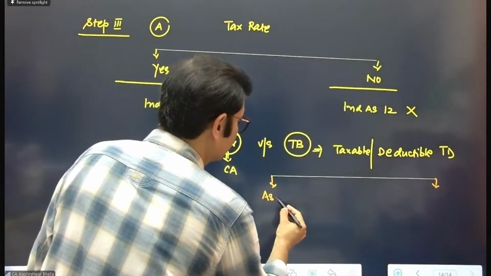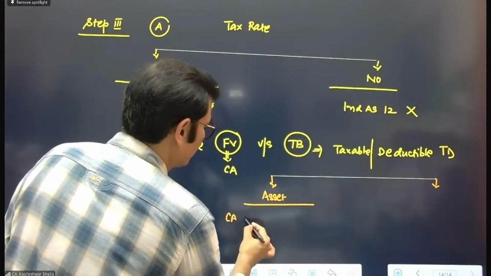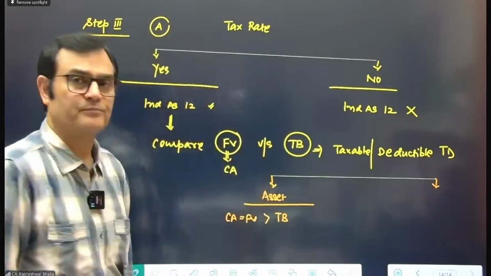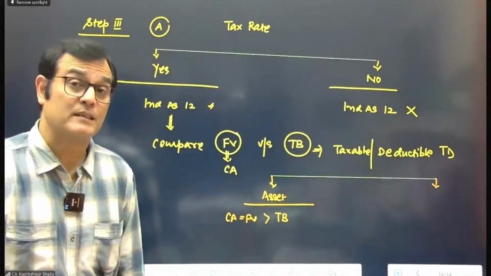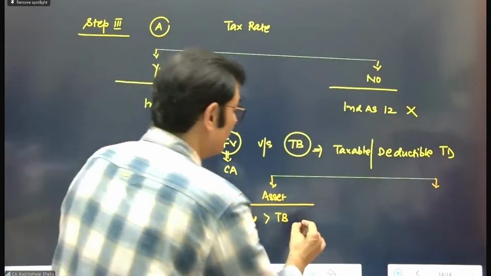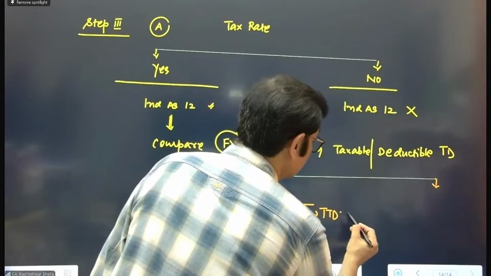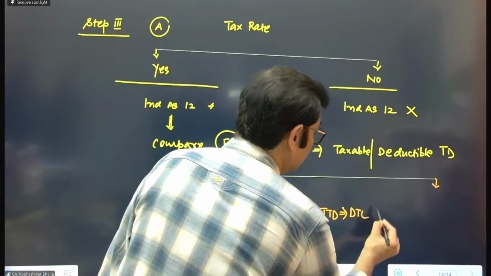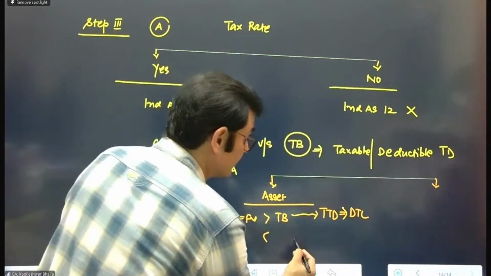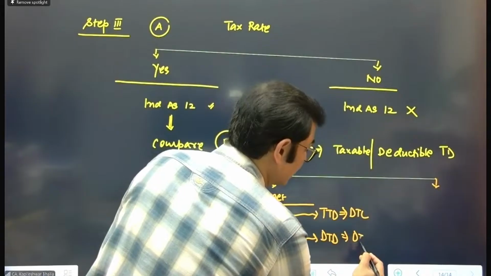If you look at the case of an asset where the carrying amount, which is the fair value, is greater compared to the tax base, can I say I'm going to get a taxable temporary difference resulting in a DTL? Yes, sir, this will lead to a taxable temporary difference resulting in a deferred tax liability. Correct. And if it is the other way around, you know that it is a deductible temporary difference resulting in a deferred tax asset.